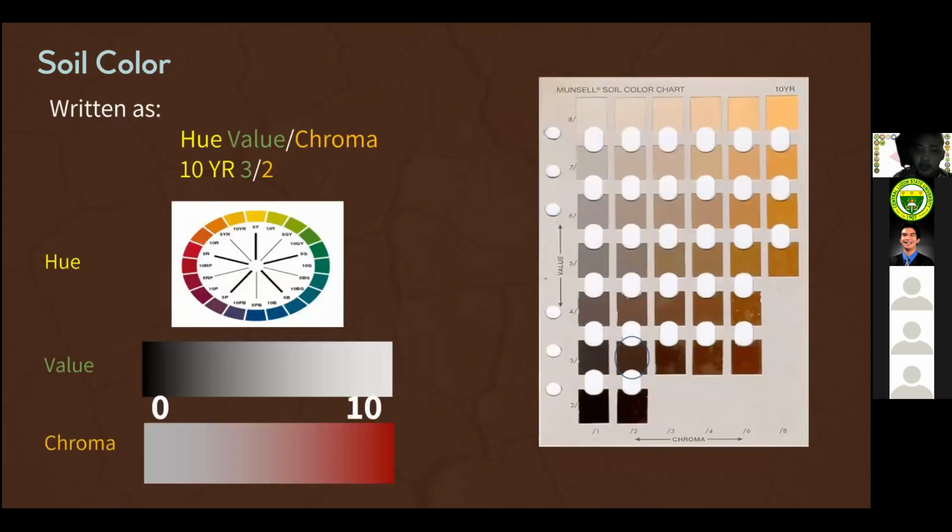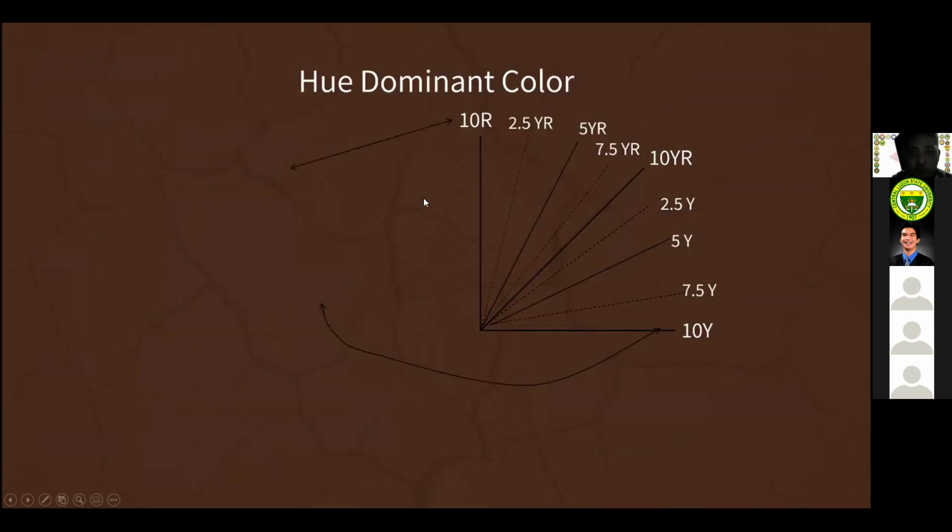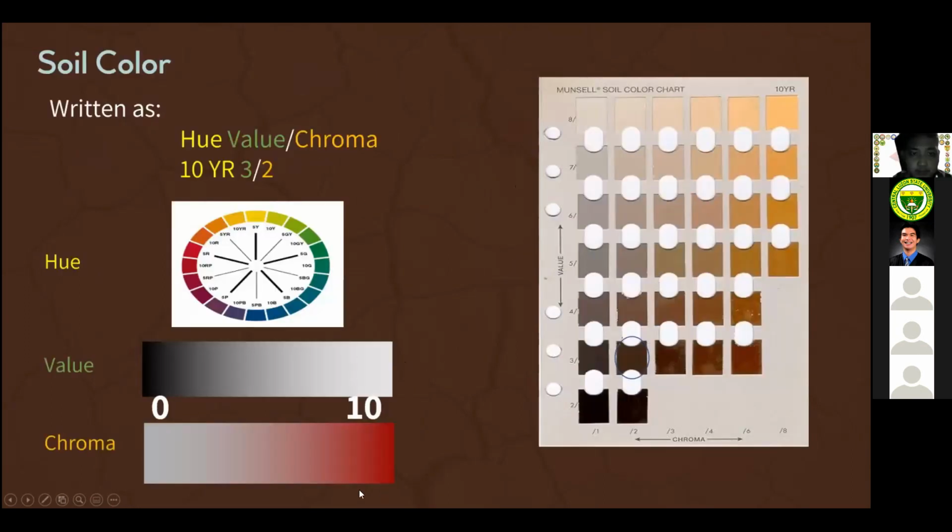So for example, we have a soil color of 10YR 3/2. So the 10YR, we will see that 10YR is this one. Okay? So this is the 10YR, that's the hue.